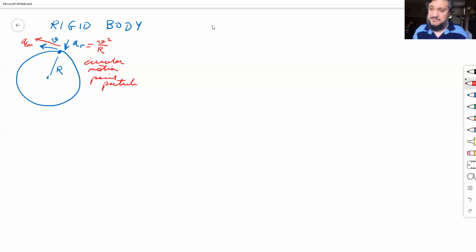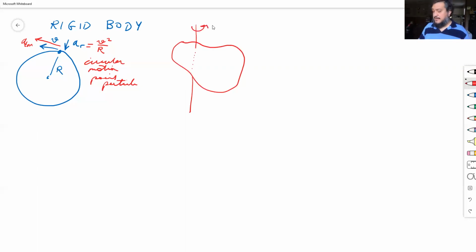It could be any mass distribution. Let's just take an arbitrary mass distribution, and you let this rotate about an axis that goes through the object, so there's a rotation. That is what we're going to do here to analyze the motion of this rigid body.